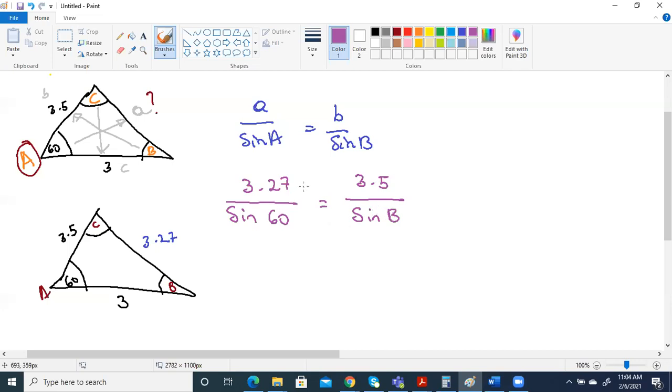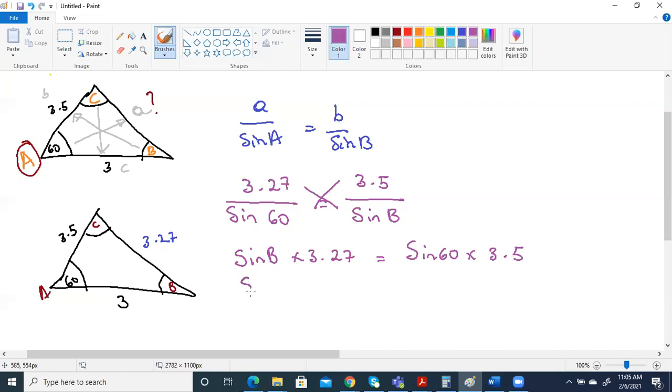So we can go again. Cross multiply as usual, and I like to have my unknown on my left side because that is familiar, even though it doesn't matter, but I like to keep it at a familiar place when I can. So sine B times 3.27 equals sine 60 times 3.5.